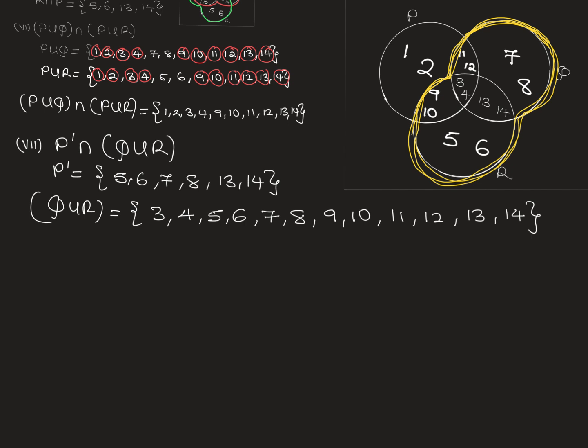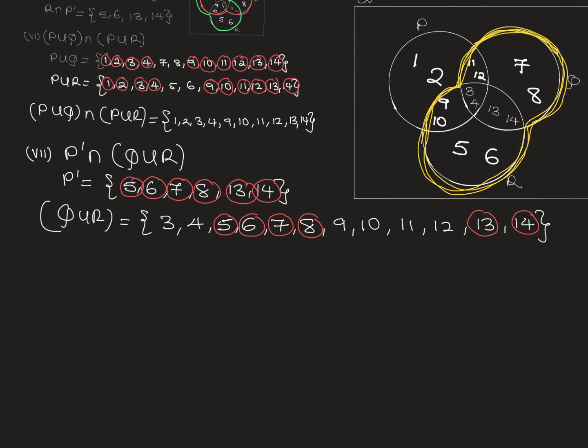So intersection means finding common members. What are the common members? We have 5, 6, 7, 8, 13, and 14.